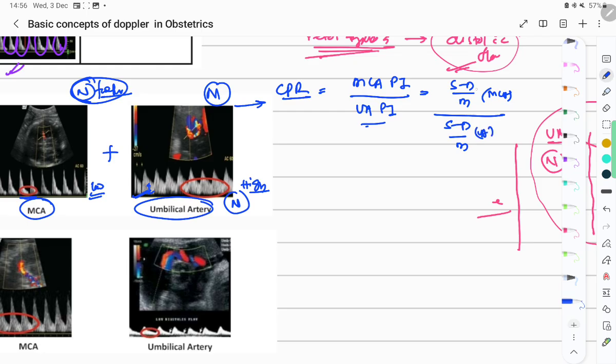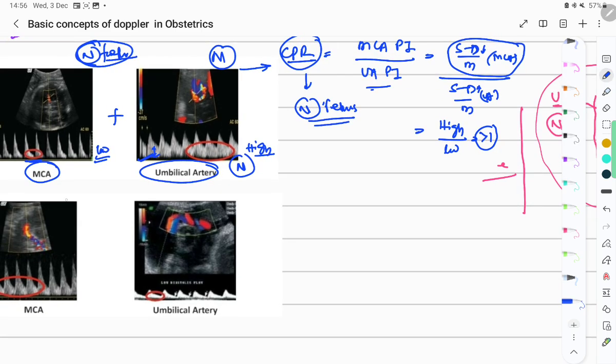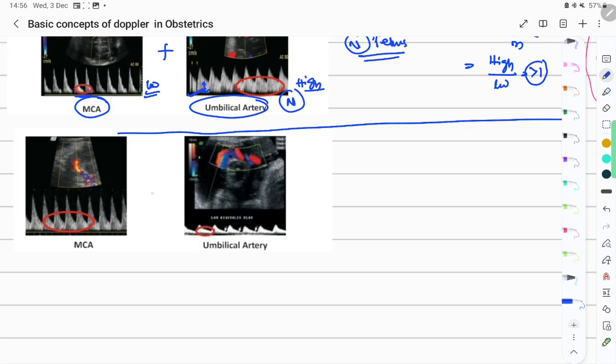There is less diastolic flow in MCA, so MCA PI will be high. There is high diastolic flow in the umbilical artery, so its PI will be low. Normally the CPR is more than 1, which means a normally behaving fetus. There is no hypoxia. But here, if you get an umbilical artery like this, that means low diastolic flow.